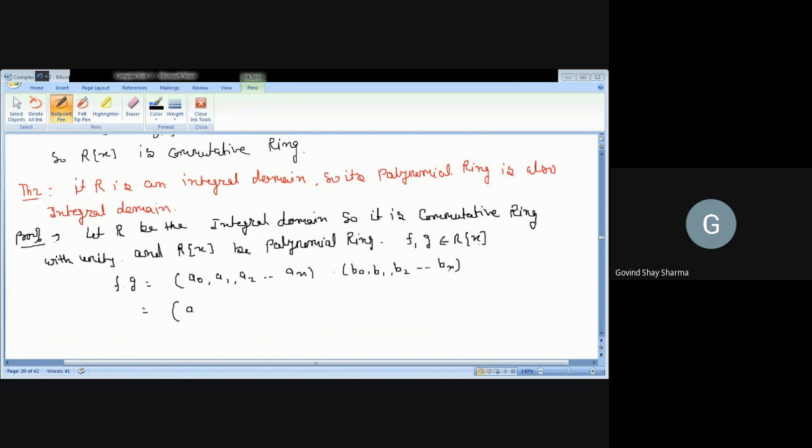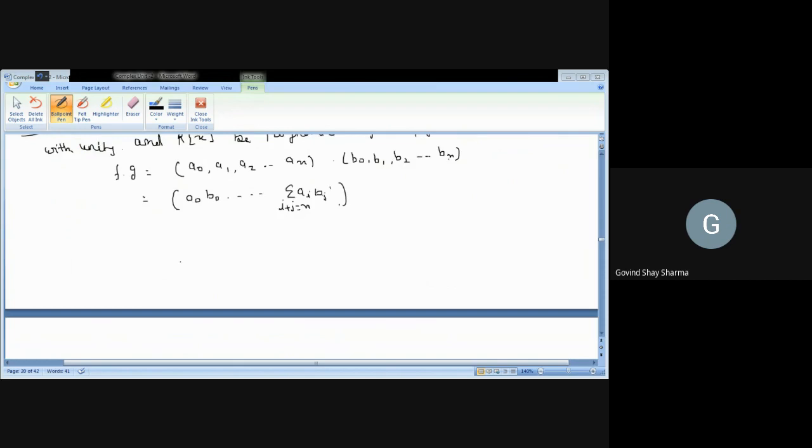So a0 b0, and so on, with i plus j equal to n.